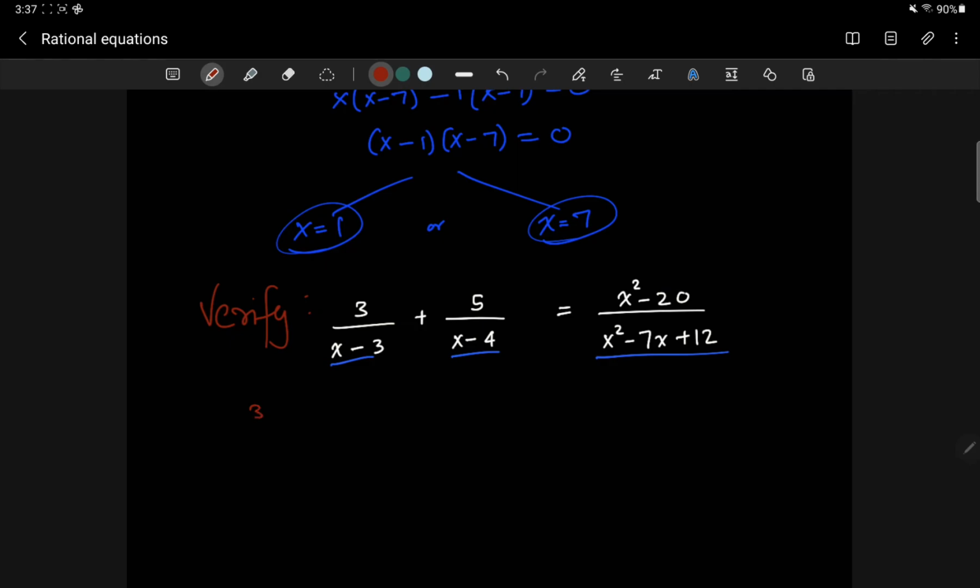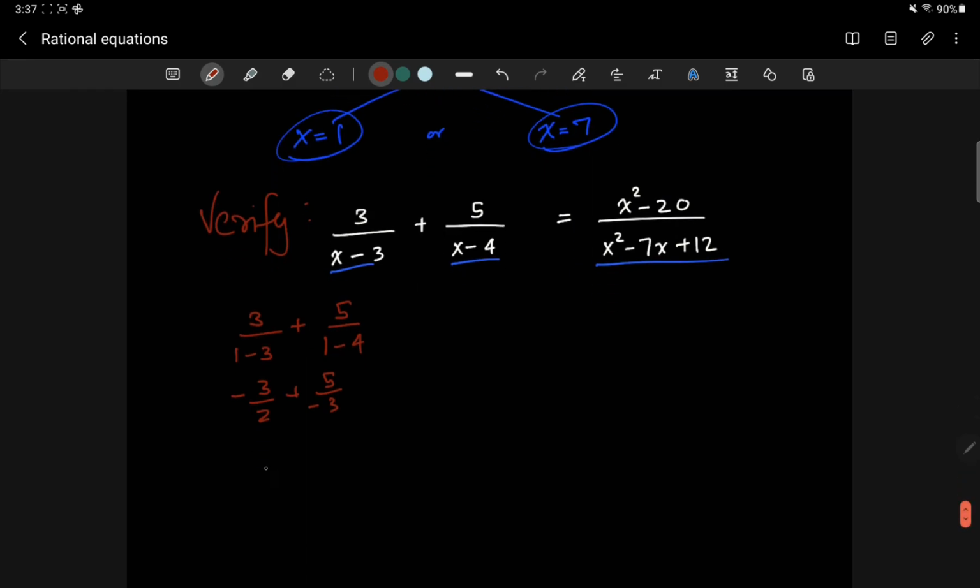So 3 over 1 minus 3 plus 5 over 1 minus 4, that's negative 3 over 2 plus 5 over negative 3, which is negative 9 plus 10 over 6, or negative 19 over 6. 1 squared minus 20, that's negative 19. And then 1 squared minus 7 plus 12 is 6. So this is negative 19 over 6. They match up.